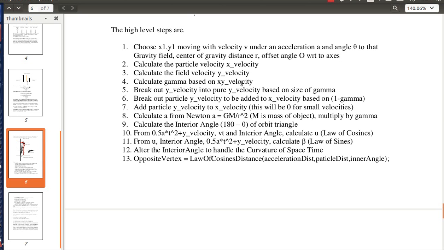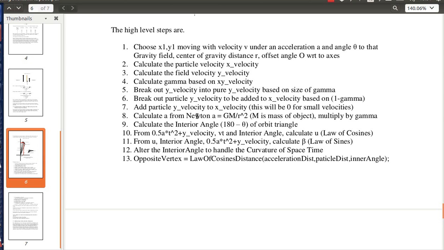I talk here in the algorithm about how it's calculated. I break out the x and the y velocities and so on. The algorithm will calculate the acceleration a at each point because it varies depending on the distance you are from the planet. So you'll need to know the mass of the object. You have to calculate the gravitational constant, and you'll need to know the mass and the distance you are from the center of gravity. So you calculate the a.